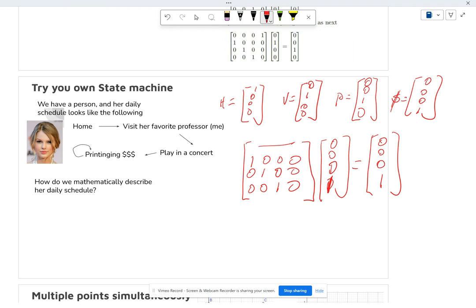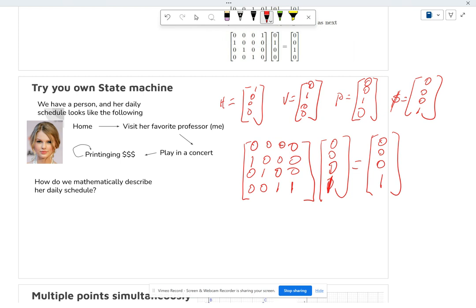How could that be done? I think you have to put a 1 here. You have to put a 1 here. And then all these are zeros. I think that makes sense.